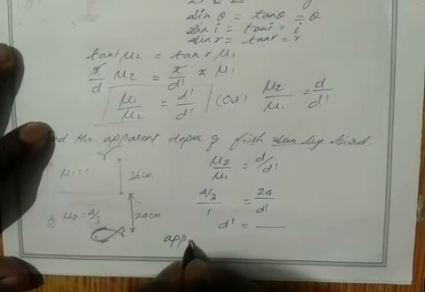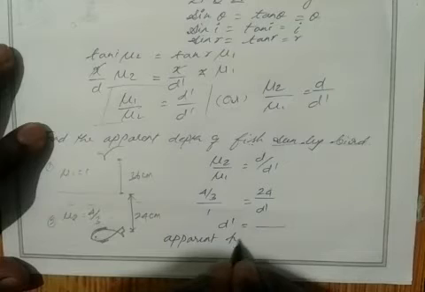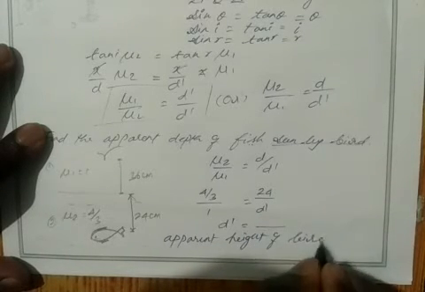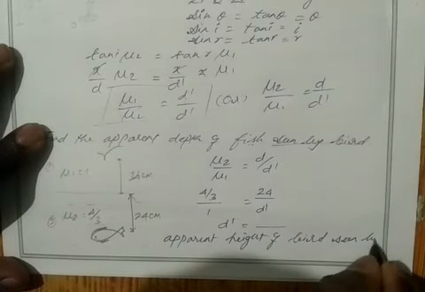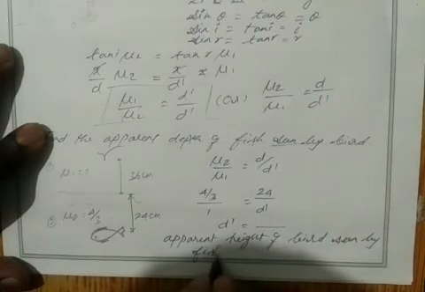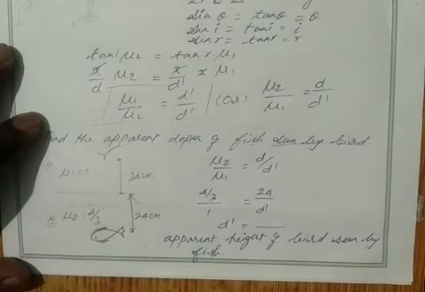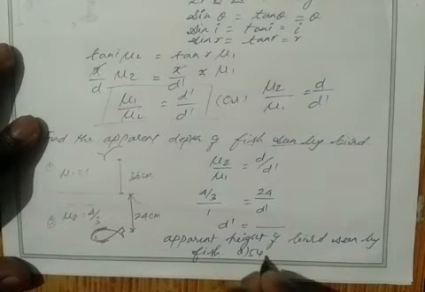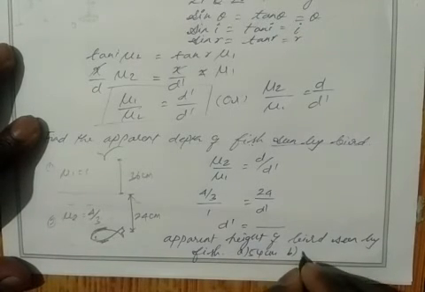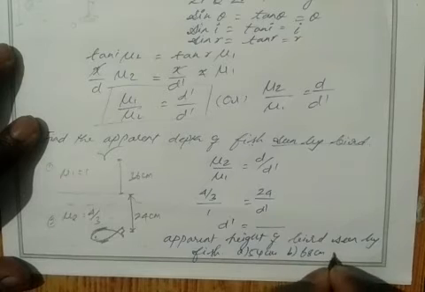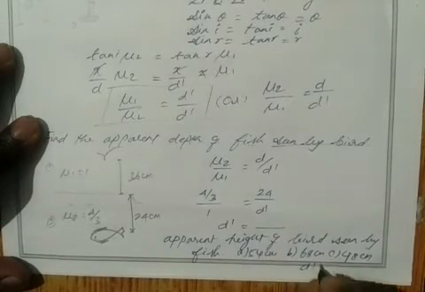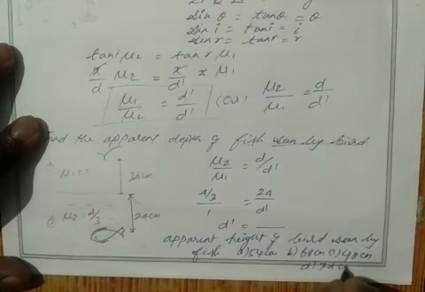You find that apparent height of the bird seen by the fish. Remember, the fish is inside the water and the bird is flying in the air. You have 4 options. Option A 54 centimeter, B 68, C 48 centimeter, and D 72 centimeter.